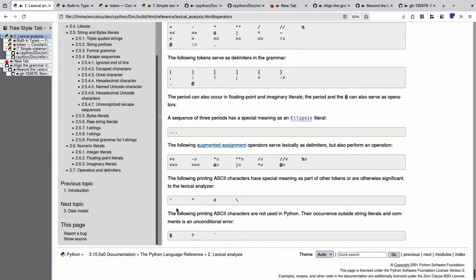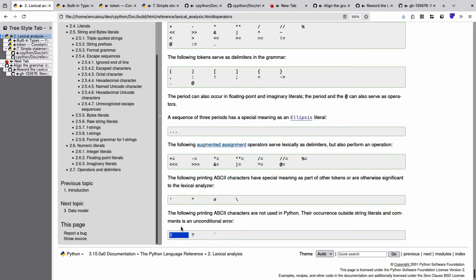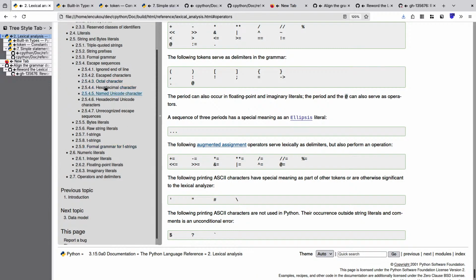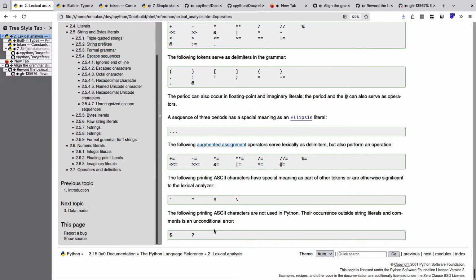Should we make, so, with this we have described on this whole page the meaning of all the printing ASCII characters. Should we add a list of all the ASCII characters and link to what they are or where they're used?